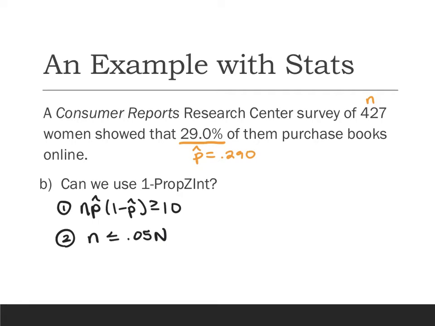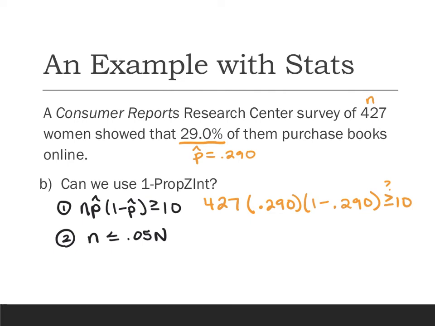So those are the two values I want to use. So I'm going to say 427 times 0.290, or I could just put in 0.29, that's fine. And then 427 times 1 minus 0.290, I want to make sure that that's greater than or equal to 10.